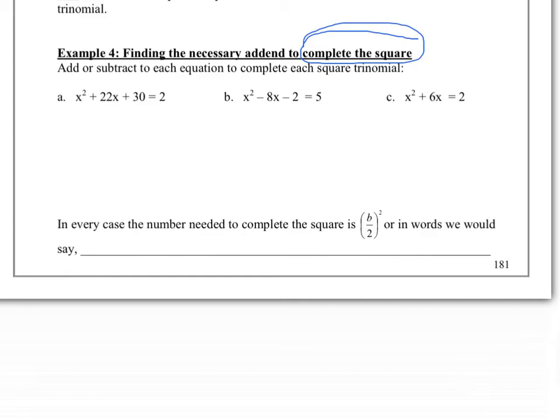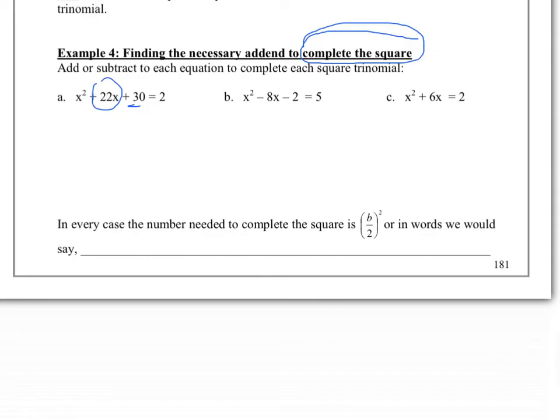If we look at number 1, here we have 30. This is not a perfect square. So we want to think about what number we can add to both sides to make it a perfect square. The rule that we're going to use is that the number in front of x, we're going to take 1/2 of that number.